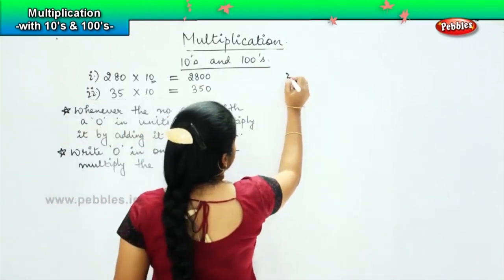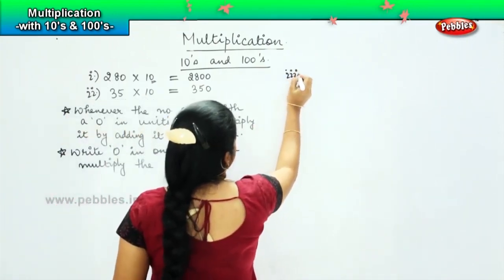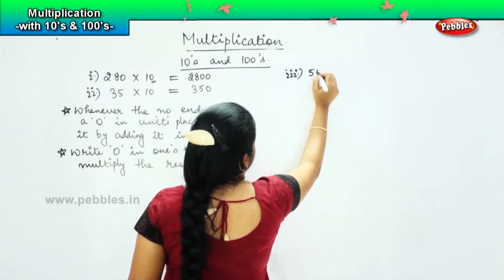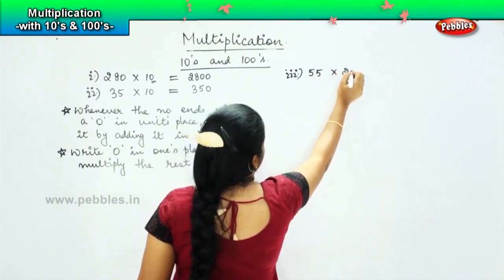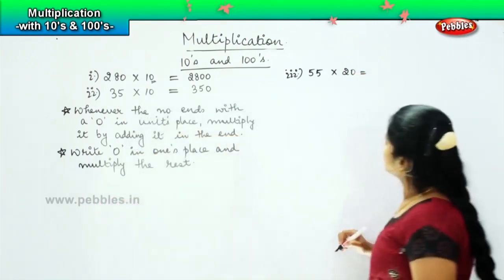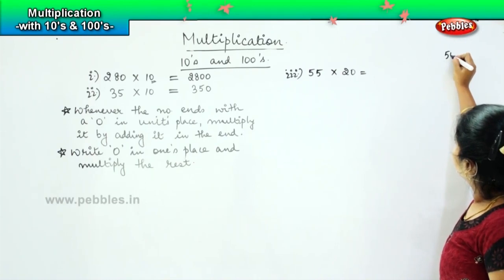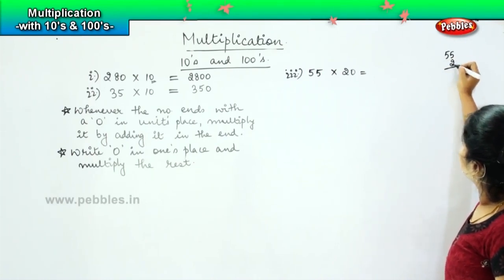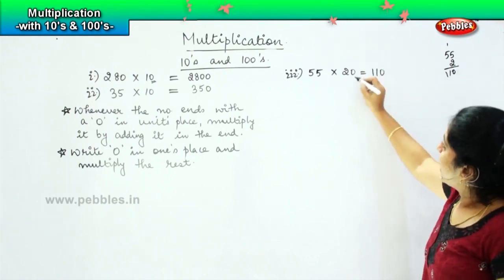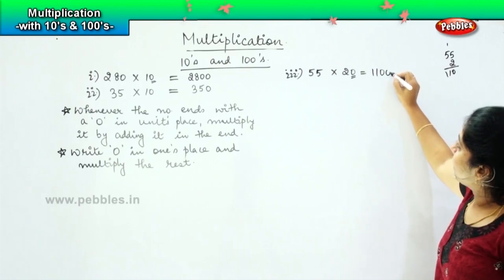Now, similarly, if I have any other number, say for example 55 into 20. Okay. So, in that case, what will I do? First, I will multiply 55 into 2. So, 5 2s are 10, 10 plus 1 is 11. So, 110 and this 0 I will be writing here extra.